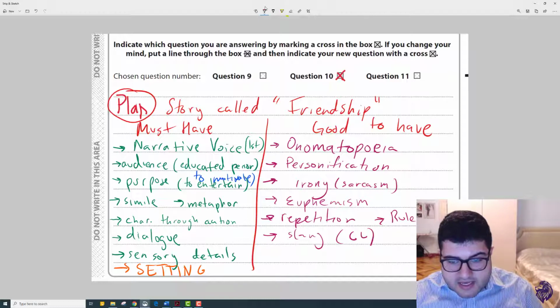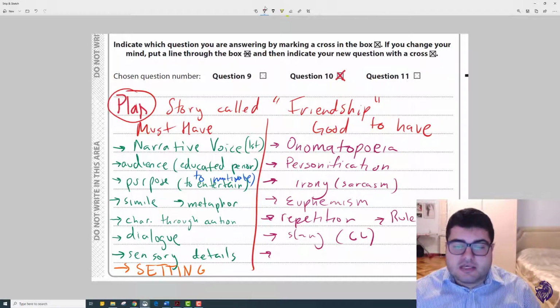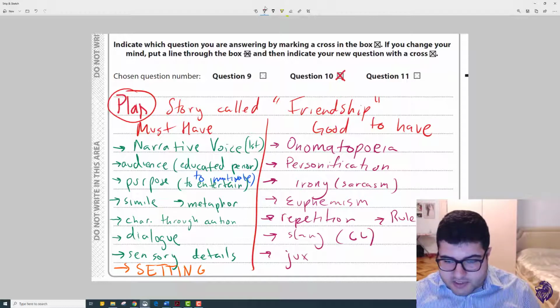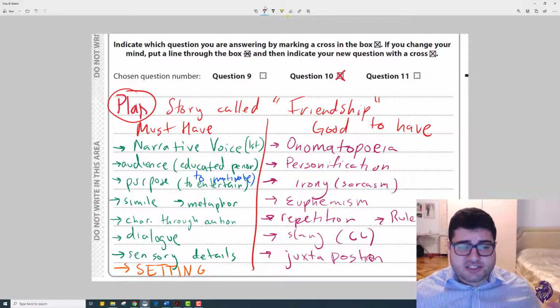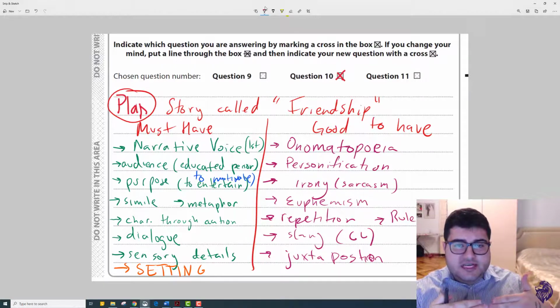The other thing that I might use is juxtaposition. It's an O. Juxtaposition. Juxtaposition is just putting two things that are different next to each other, so the effect of their difference is felt.